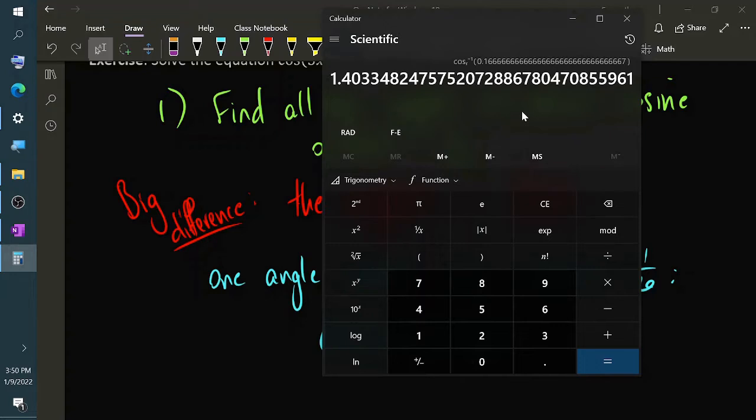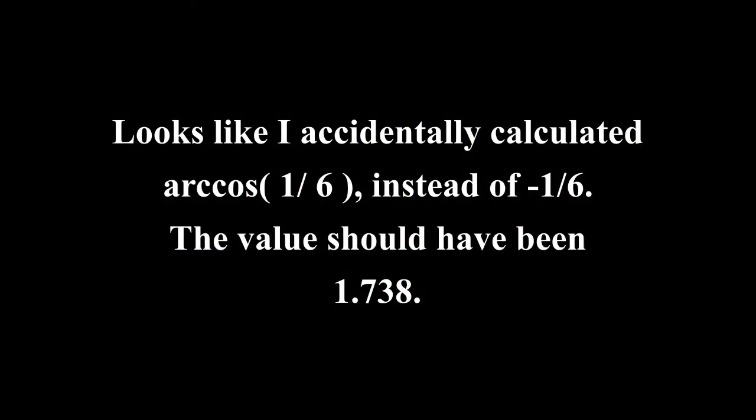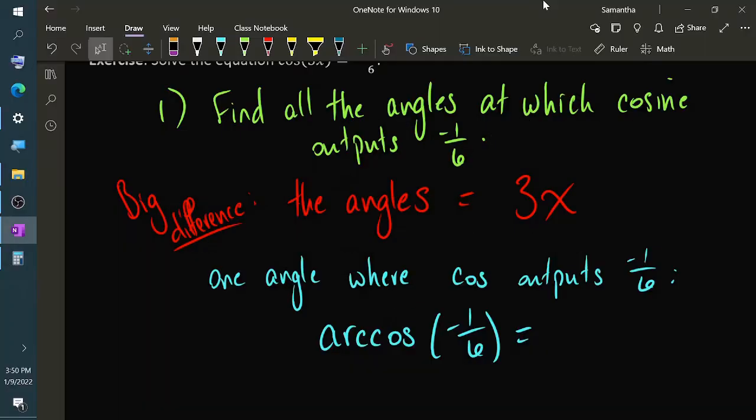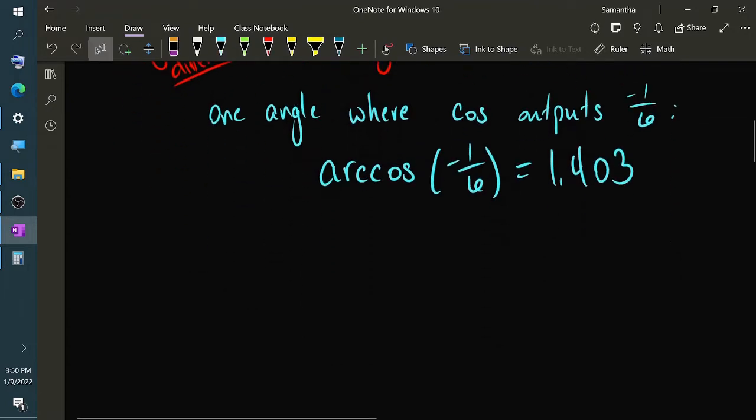And I get a radians value of 1.403. Okay, now this is one angle where cosine outputs -1/6. So now let's go ahead and find all the other angles.